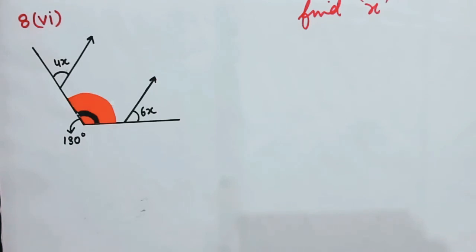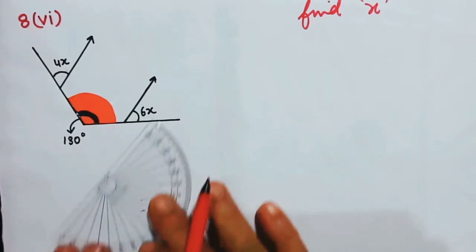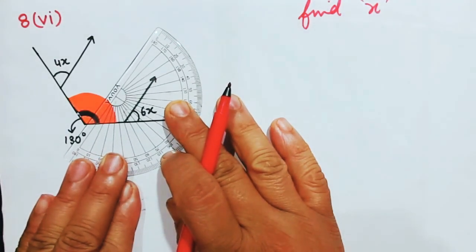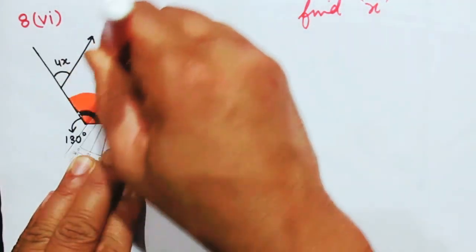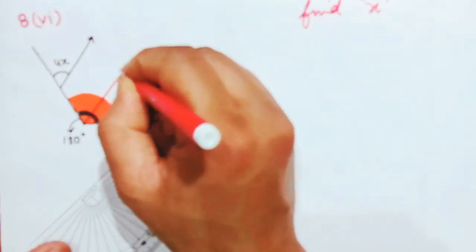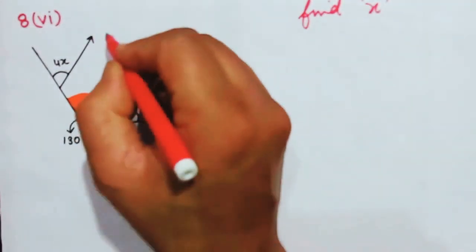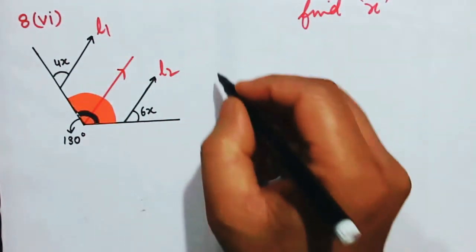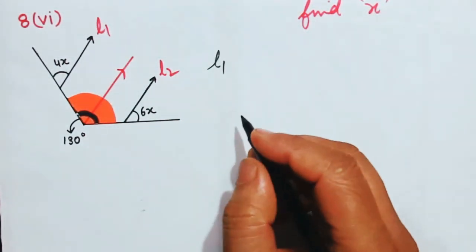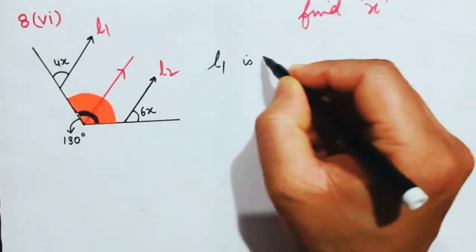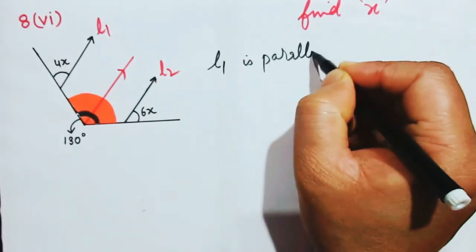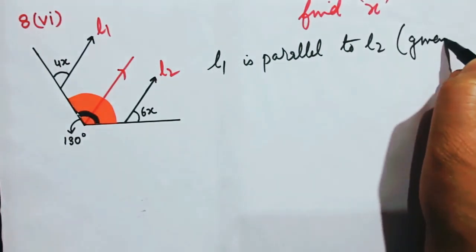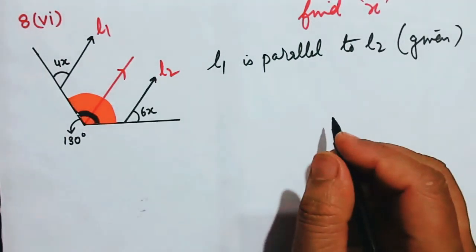Now, let's see what we can do. What we are going to do, we will draw a line which is parallel to this. Let us draw a line. This was L1 and L2. L1 is parallel to L2, which is given. What did we do?